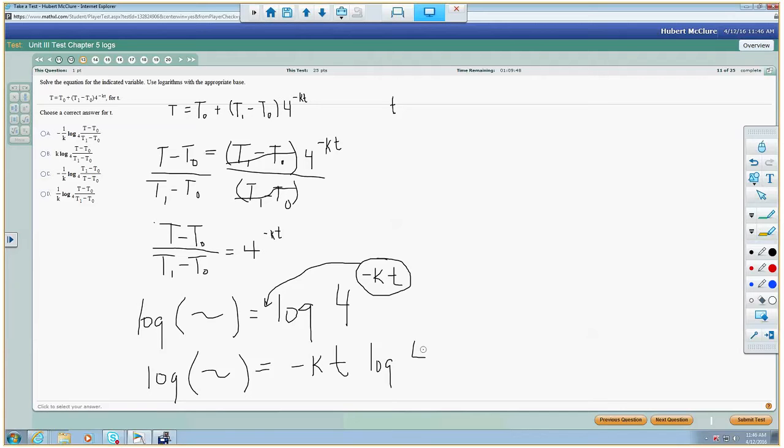Now how do you get rid of multiplying by negative t times the log of 4? Divide by negative k log of 4. I might have said t a while ago, I'm sorry.